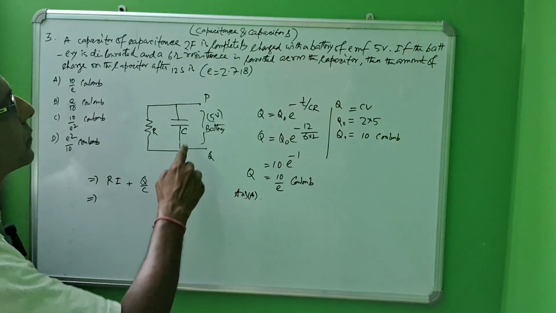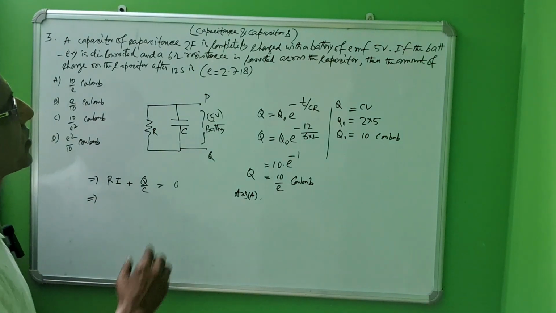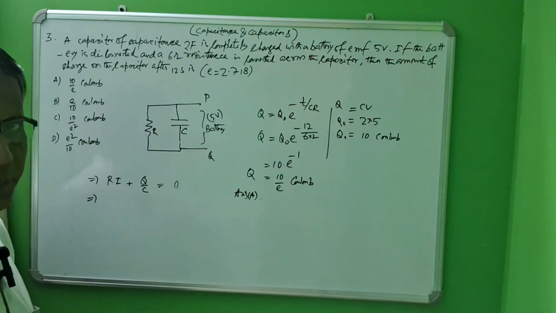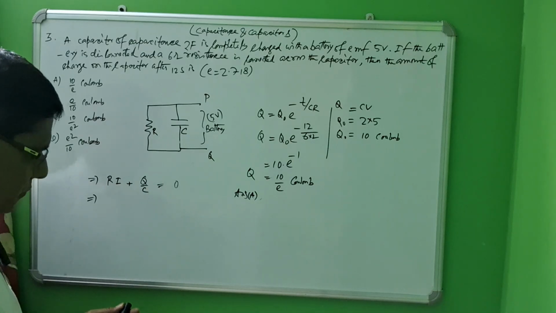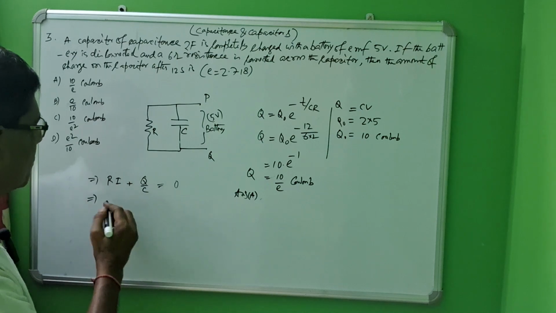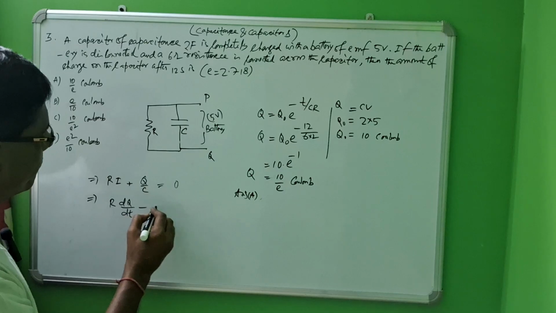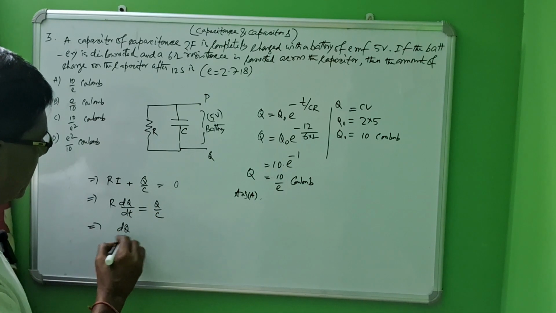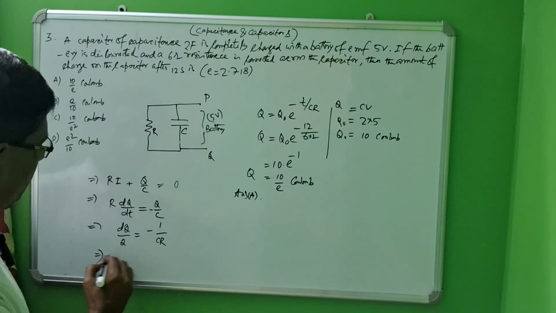Due to the battery being taken out, the charge of the capacitance will decrease in course of time, and for a certain instant this equation holds good. So R dq by dt equals minus Q by C, which implies dq by Q equals minus 1 by CR dt.